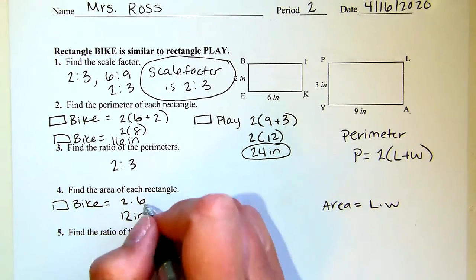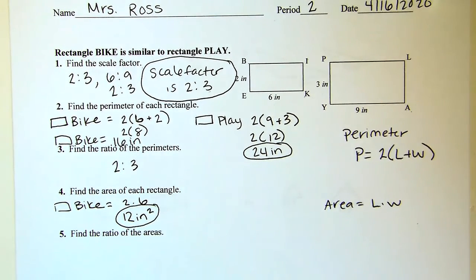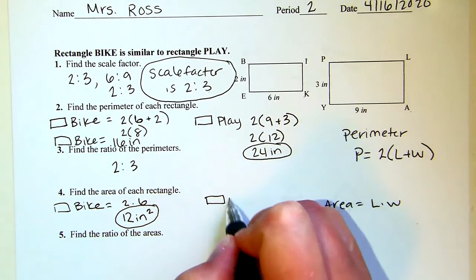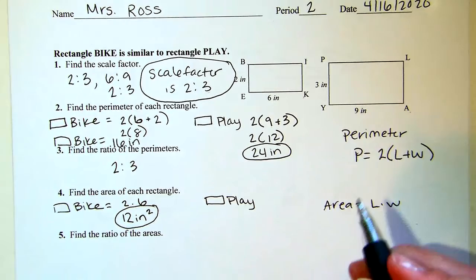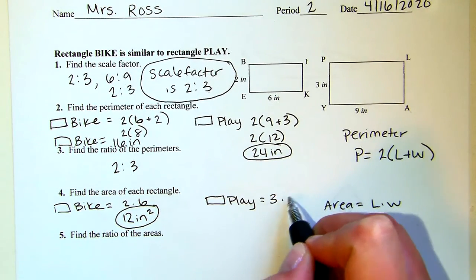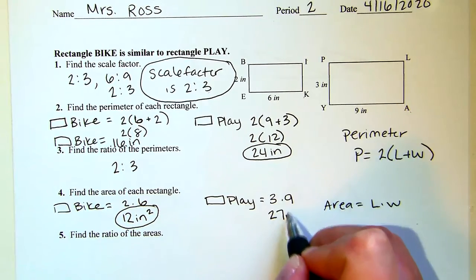Anytime we talk about area, our answer always has the unit of measurement and the squared at the end. Next, we're going to take a look at play. So rectangle play. And again, that's going to be our length times our width, which is going to be 3 times 9. Now 3 times 9 is 27, so I'm going to get 27 inches squared.